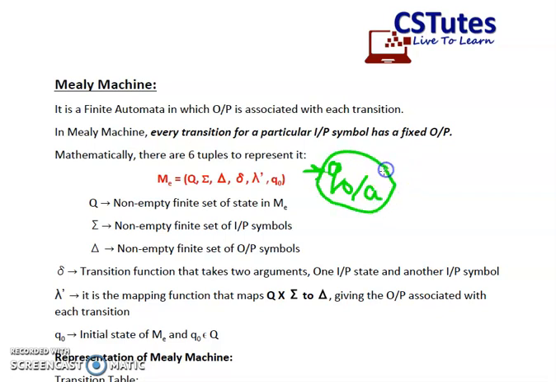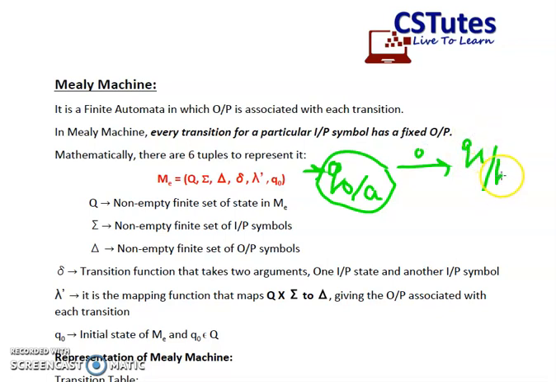Then this is represented within the state. For example, Q naught oblique A, where Q naught represents the state and A represents the output associated with the state Q naught. Now suppose we read an input symbol, for example 0, and we move to a next state, let's say Q1.